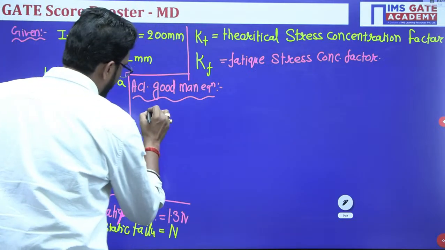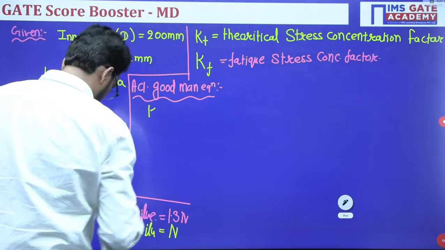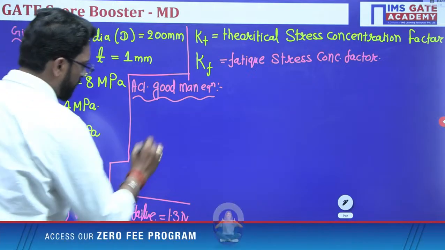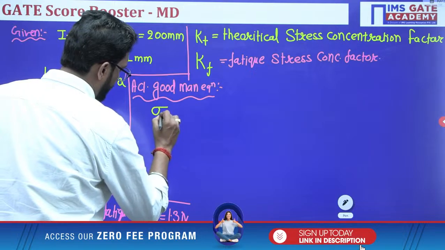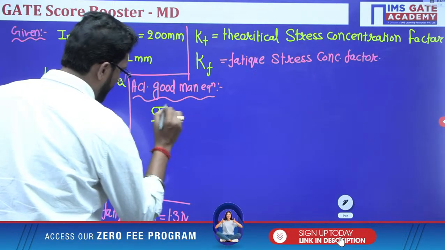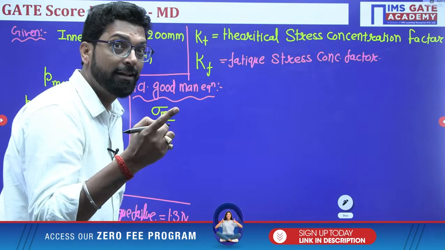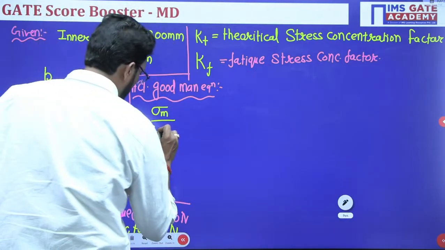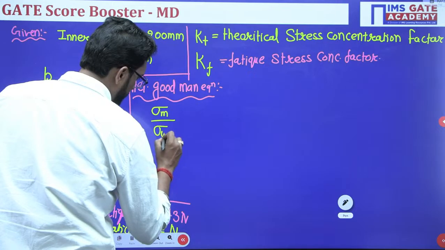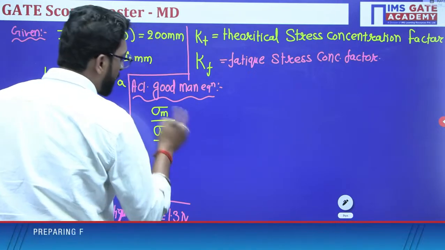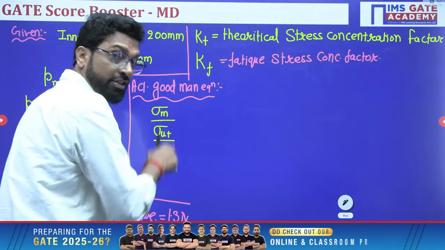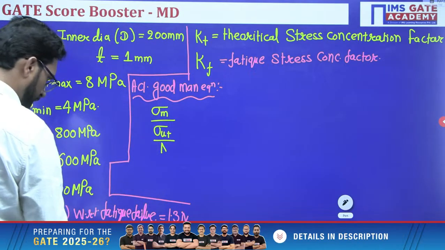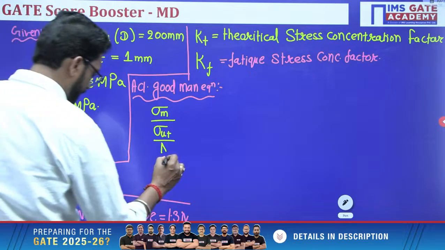In the actual Goodman equation, write down: mean stress divided by strength, which strength? Ultimate strength, divided by factor of safety. This is the mean, the static condition, so it is N1, the static condition factor of safety.